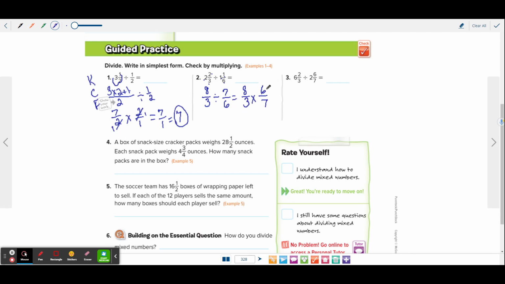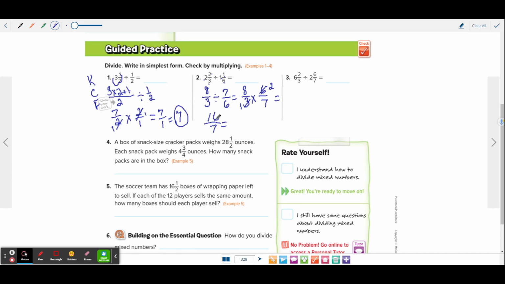And if we look at like an X, the 3 and the 6, we can divide those both by 3. And we get 1 here, 2 here. So then 8 times 2 is 16. 1 times 7 is 7. And then we need to simplify that.